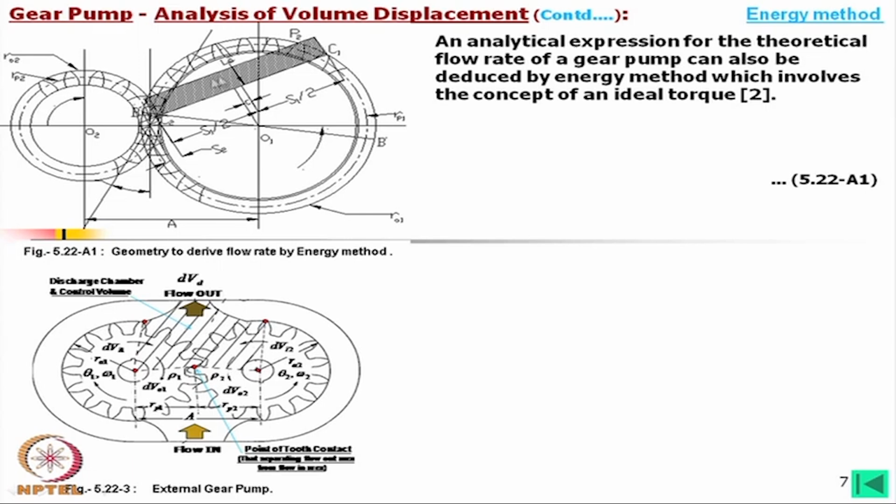Anyway, if we take these 2 points, we can consider a beam with uniform load which is equal to the pressure. The load is equal to the pressure into maybe this area, that is a uniform load.